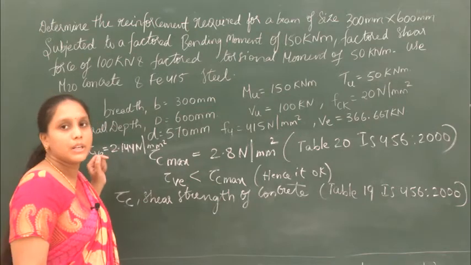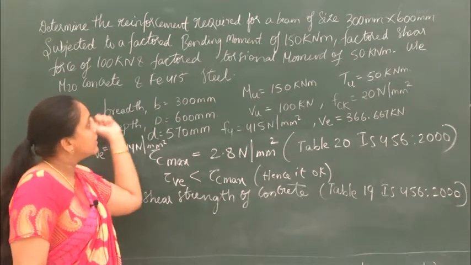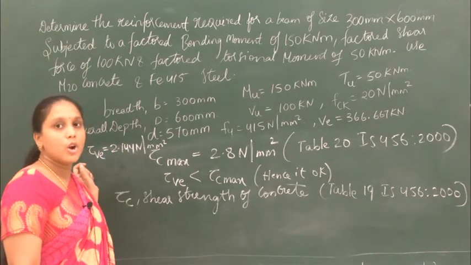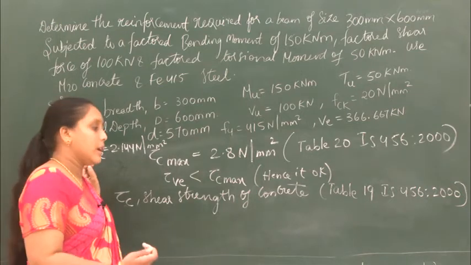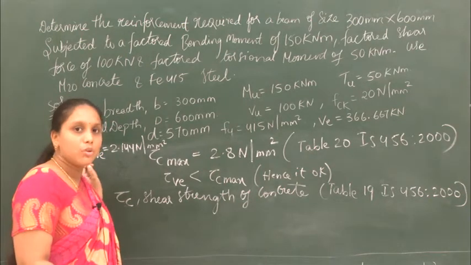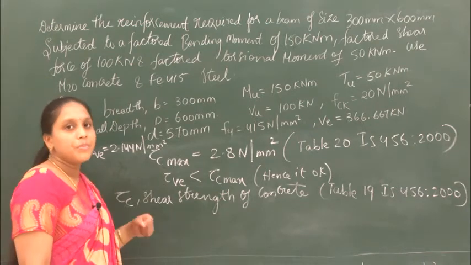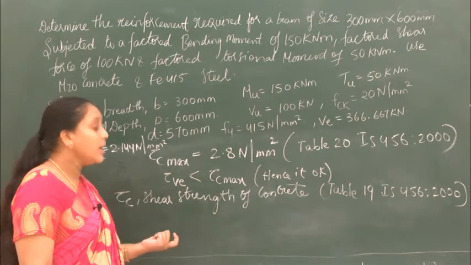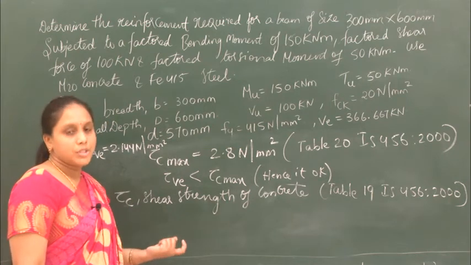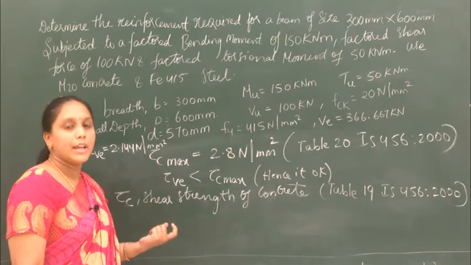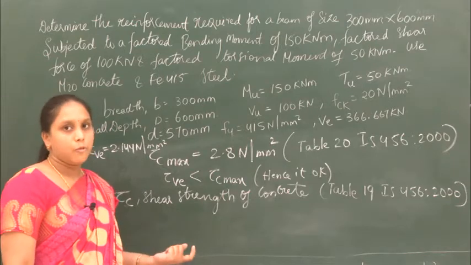In this particular problem, the reinforcement details are not mentioned, so we have to find them out. For calculating the tau C, I am assuming some percentage of area of tensile reinforcement.